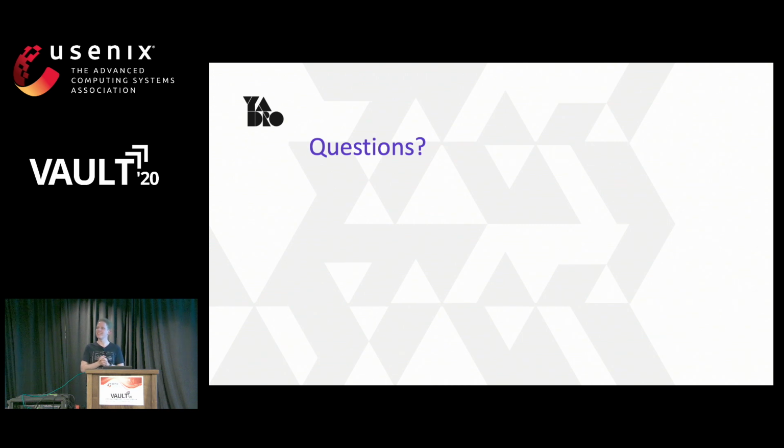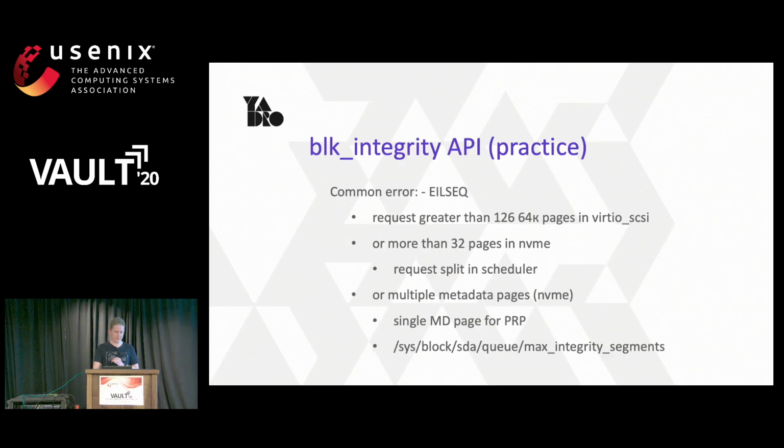I do have another one. You mentioned that you had issues with the 4K blocks and request splits, so that you were sending down too large requests which were then split, and then the checksum wouldn't work anymore. That was on one of your previous slides. Actually, it wasn't about the checksum, but about reference tags. Yeah, the reference tag.